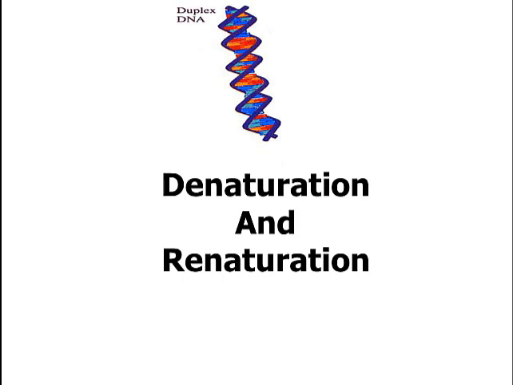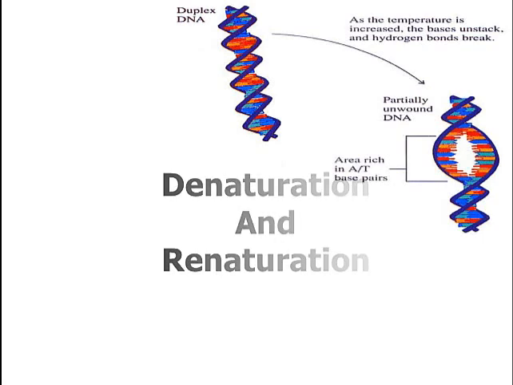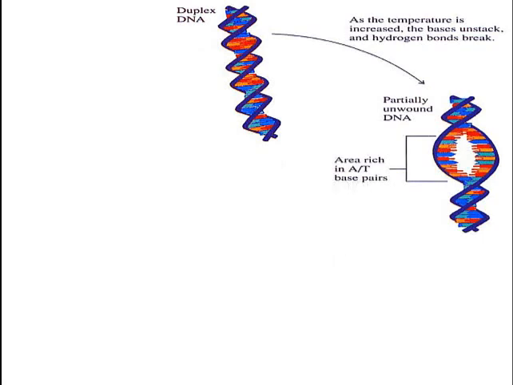As denaturation and renaturation are important, let's review what happens. As we see here, we have a double-stranded DNA. As the temperature gradually goes up, hydrogen bonds weaken, and since AT-rich areas are not as strong as CG areas, areas rich in AT are separated first.